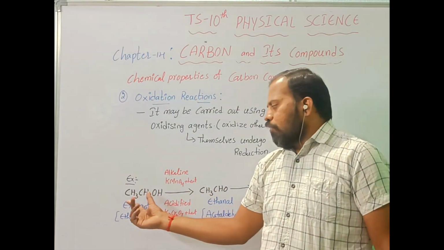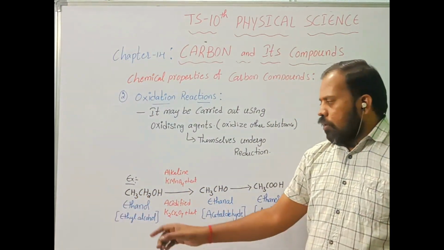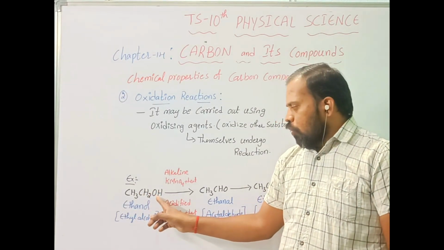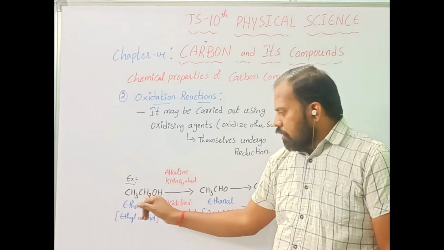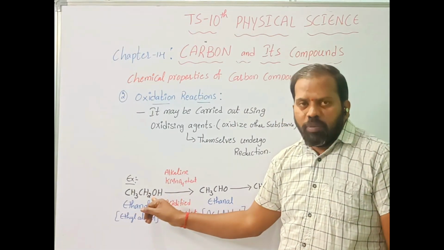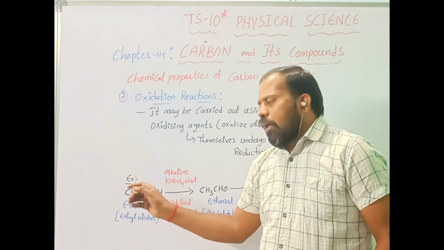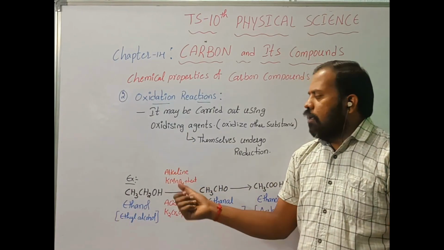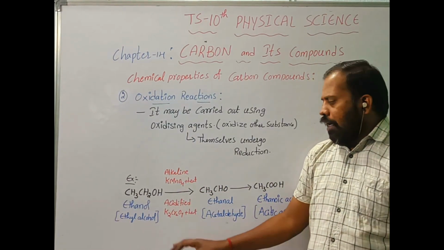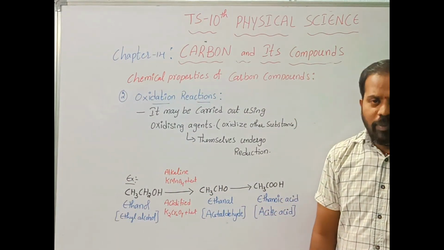I am taking the example of ethanol: CH3CH2OH, ethyl alcohol, with 6 hydrogens and 1 oxygen. Here we use an oxidizing agent, alkaline KMnO4 or acidified potassium dichromate.